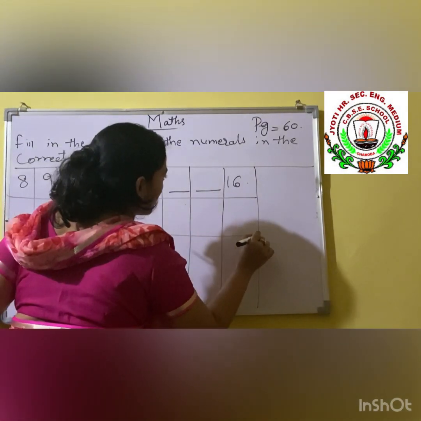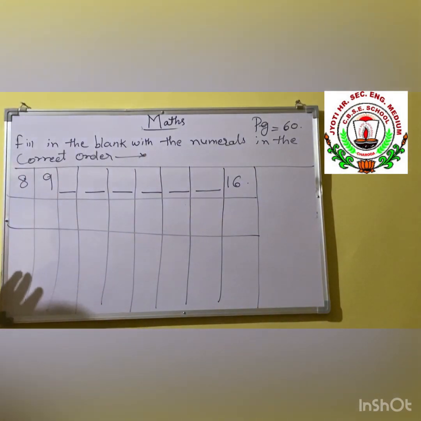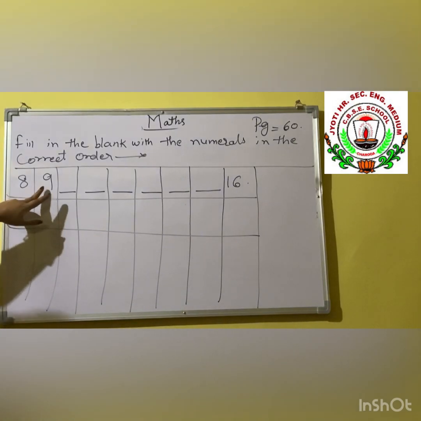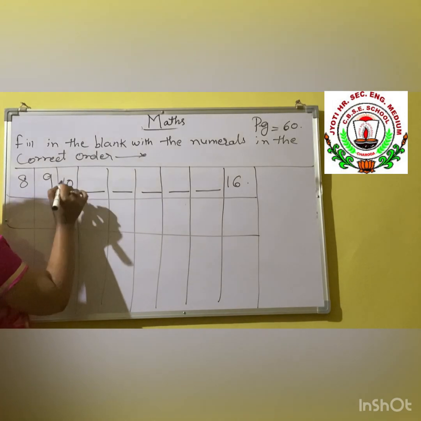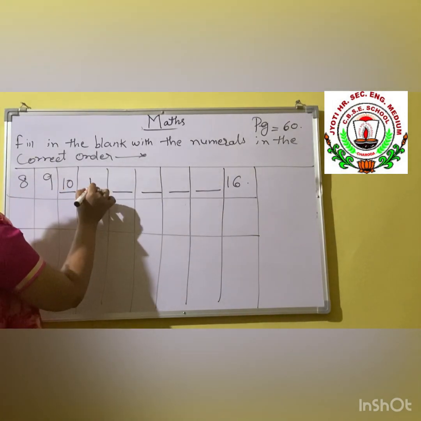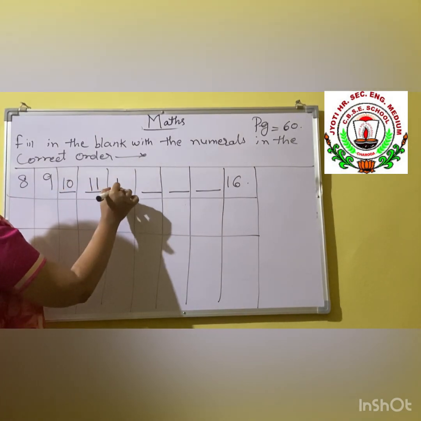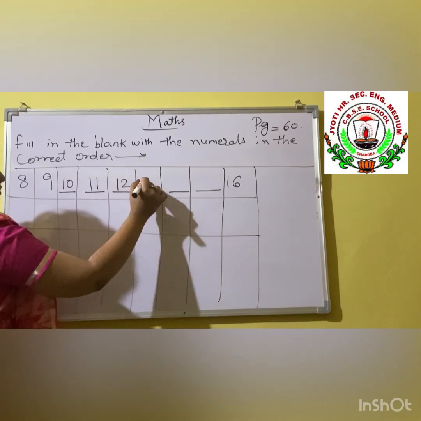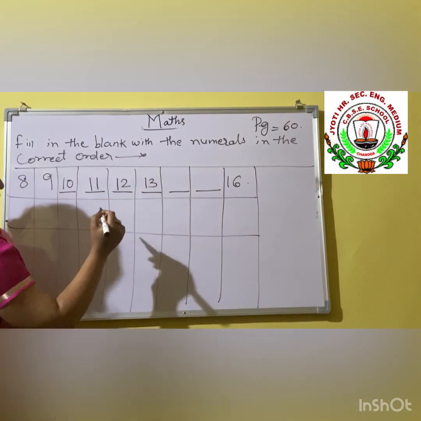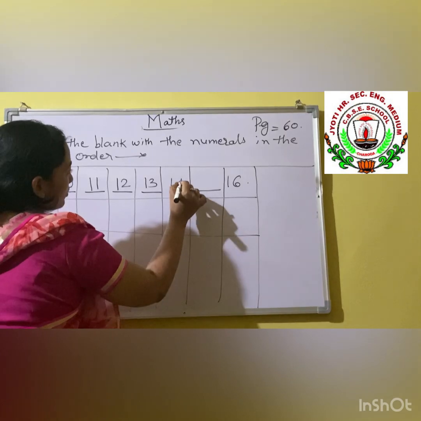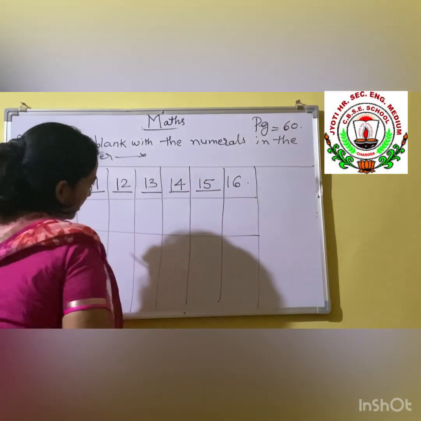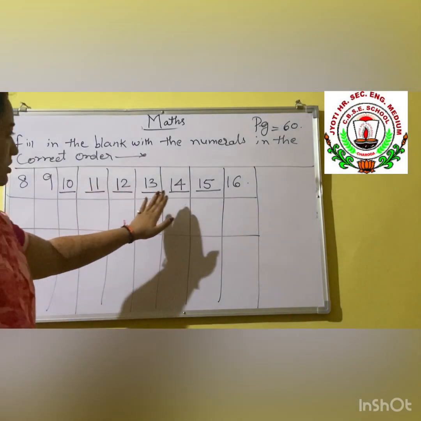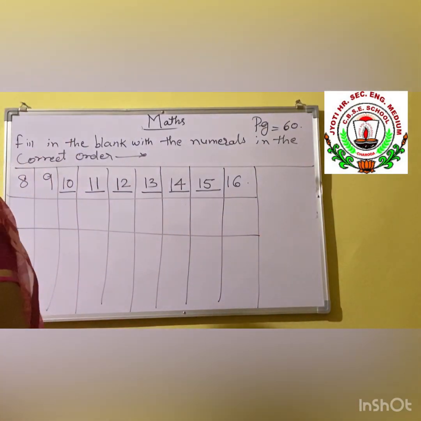So after 8, 9 will come. After 9, 10 will come. After 10, 11. After 11, 12. After 12, 13. After 13, 14. After 14, 15. Like this, you can see in your maths book.